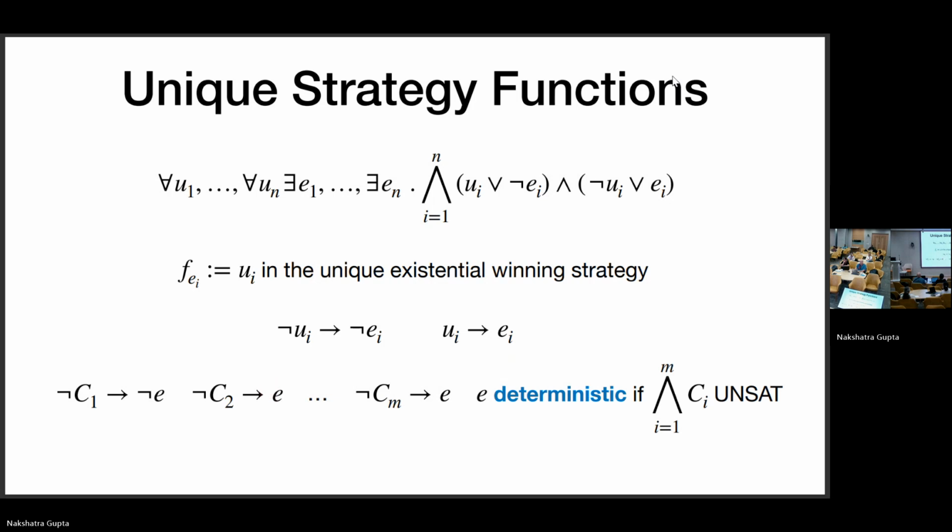Then we say the variable E is deterministic if the propositional formula consisting just of the clause parts without E is unsatisfiable. What that means is that these clauses, read as implications, are an exhaustive case distinction.